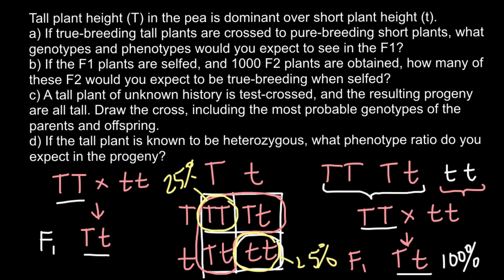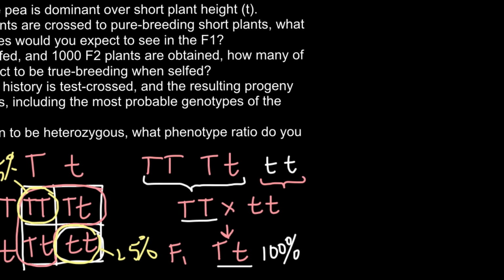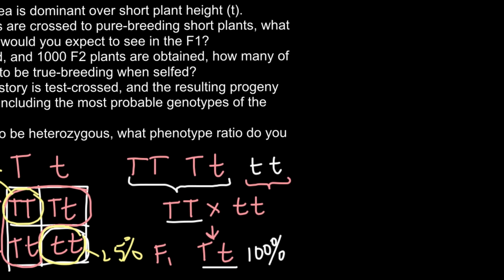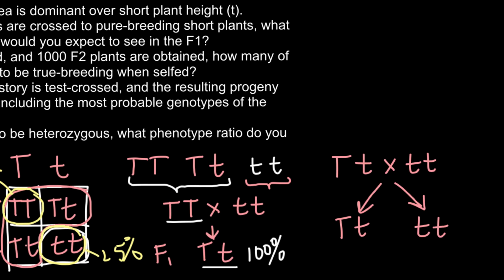But what is going to happen if, for example, the tall plant is heterozygous? And we test cross it with a short plant of known genotype. In this case, 50% of the progeny are going to be capital T small t, and 50% of the progeny are going to be small t small t.